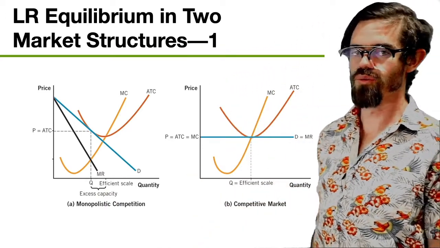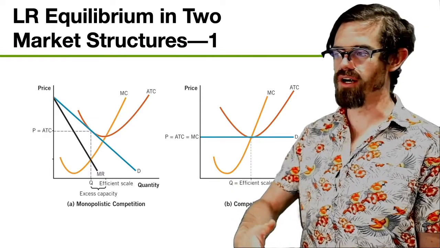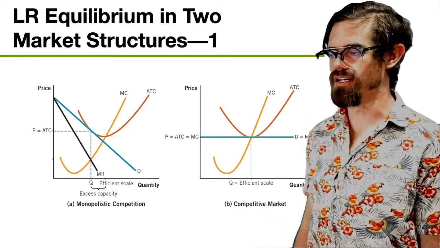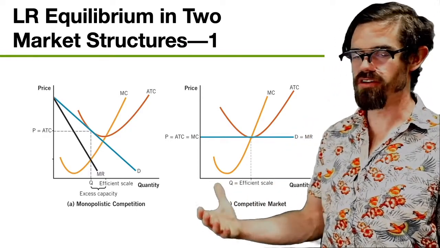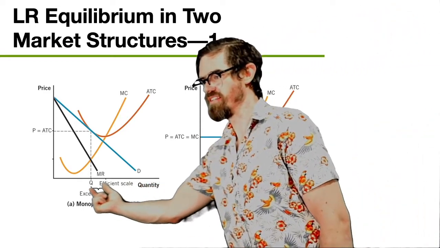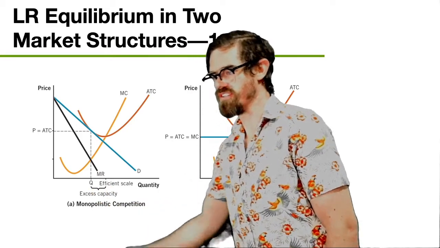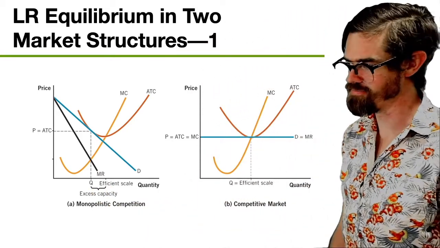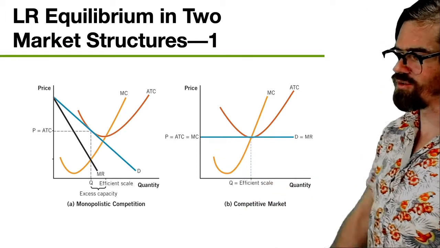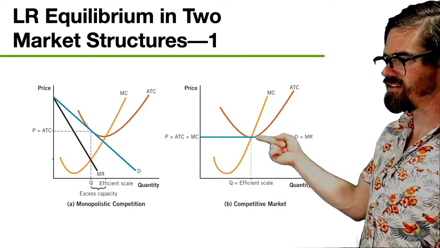If the firm were to produce at the efficient scale where average total cost is minimized, that would be efficient. And so the fact that they don't produce that, right, they produce Q here instead, we refer to that difference as excess capacity.